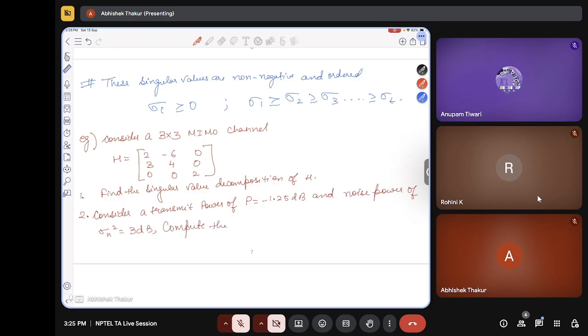Compute the MIMO capacity and optimal power allocation.